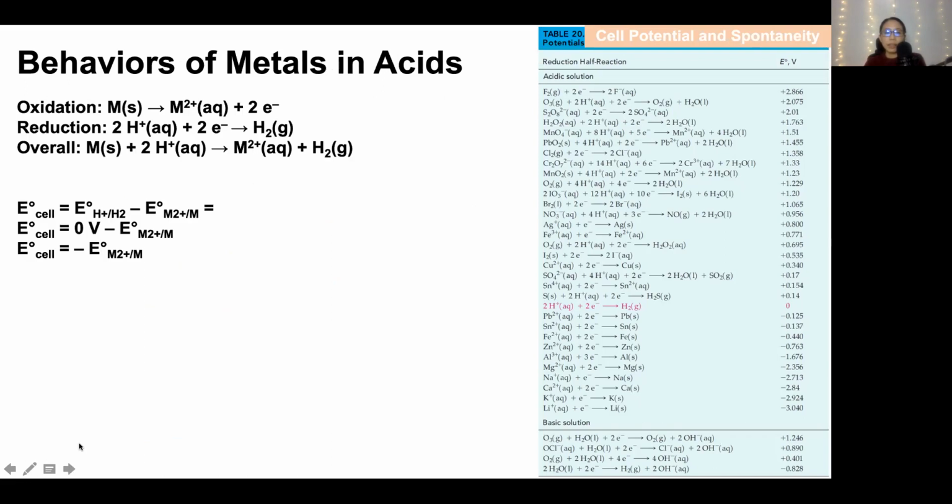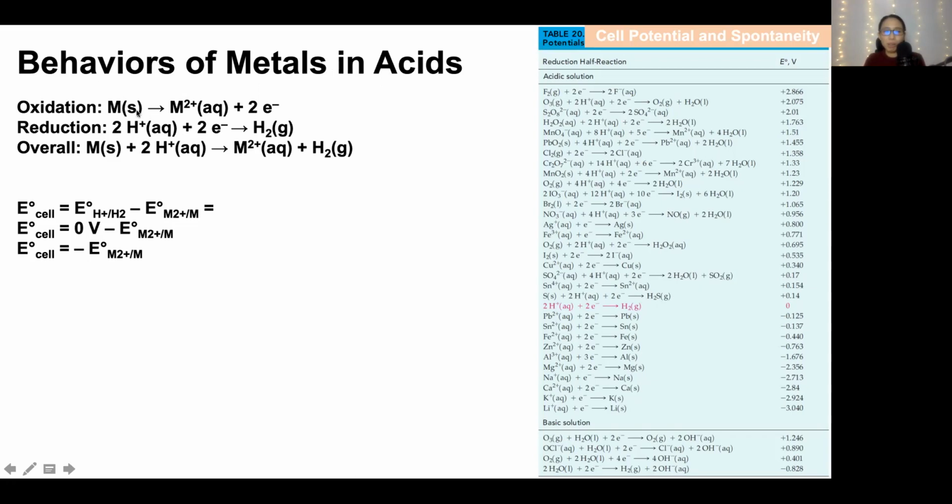Okay. Now, it is also important to note the behaviors of metals in acids. And this actually has a lot of applications or implications in our daily lives. So if we consider acids, there is hydrogen ion involved. We have here our metals. Of course, we start with a solid metal, and since we start with a solid metal, it must undergo oxidation.